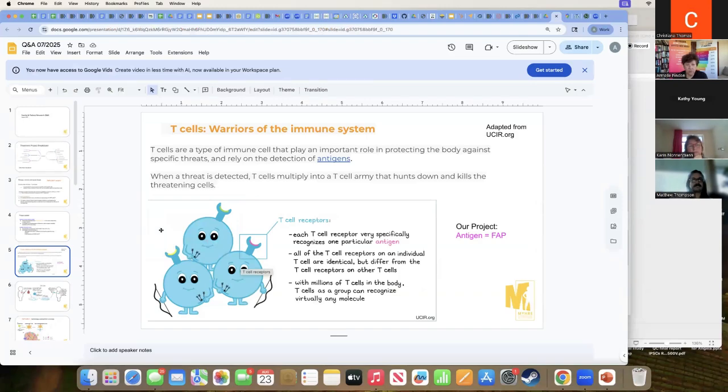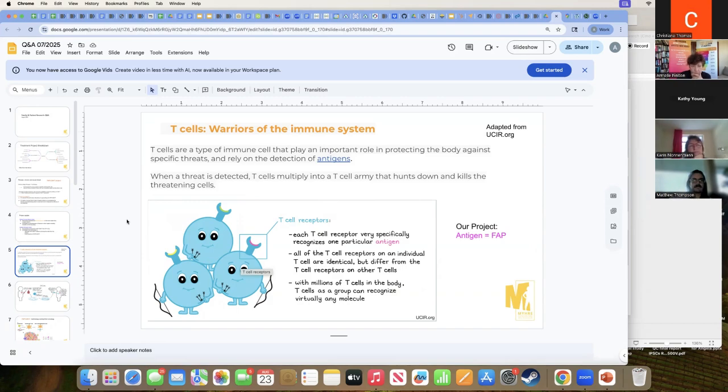So the T cells, they are what we call the warriors of the immune system. They are important because they are going to recognize the cells that they have to kill with something that is called an antigen, and then they are going to kill the cell. Then they are going to attach to the cell they want to kill and send another link, and then attack the cell and kill.